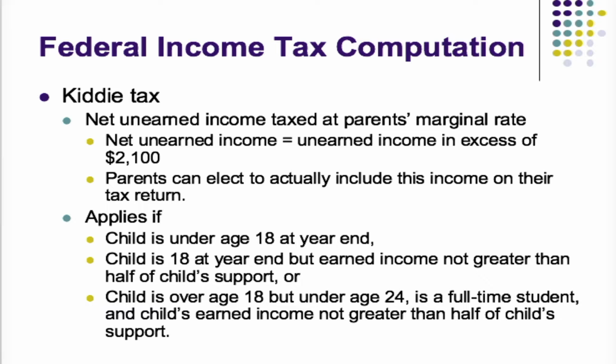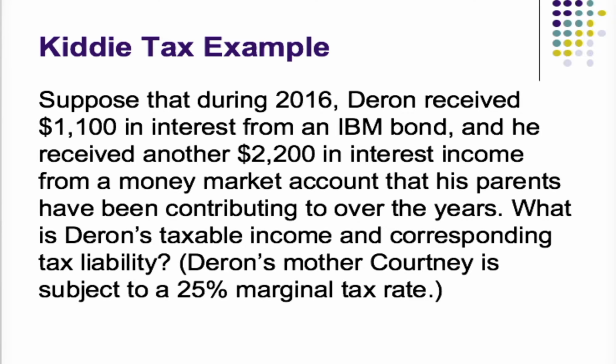So if they've already reached up into the 35% bracket, that means that all of this supposed kiddie investment income would be taxed at that 35% rate. So obviously that's a pretty big disincentive to try to do that. And this applies if any of those situations exist there, age-wise.